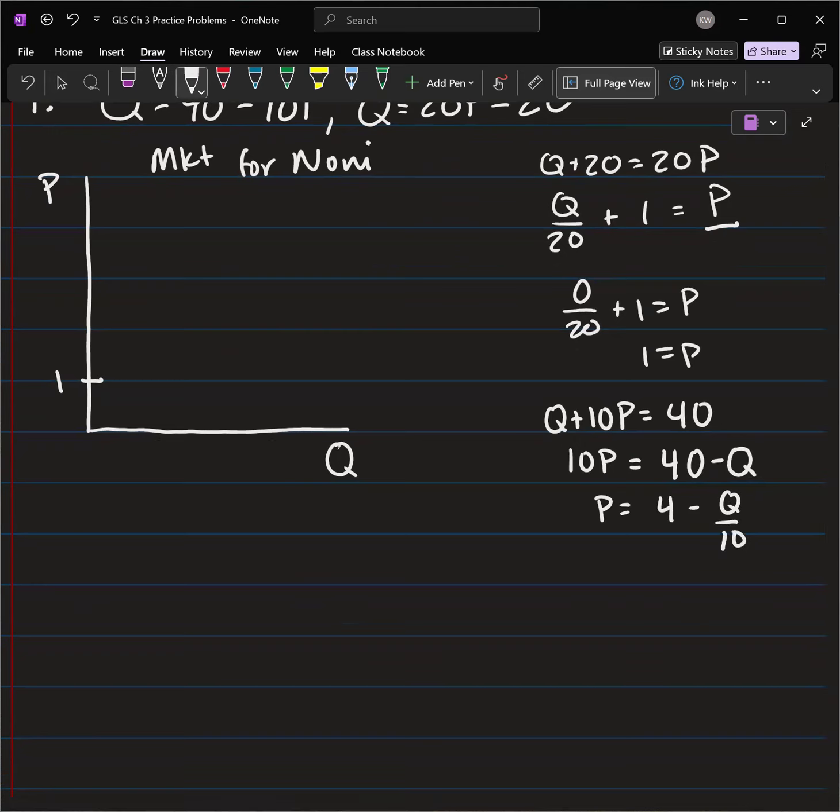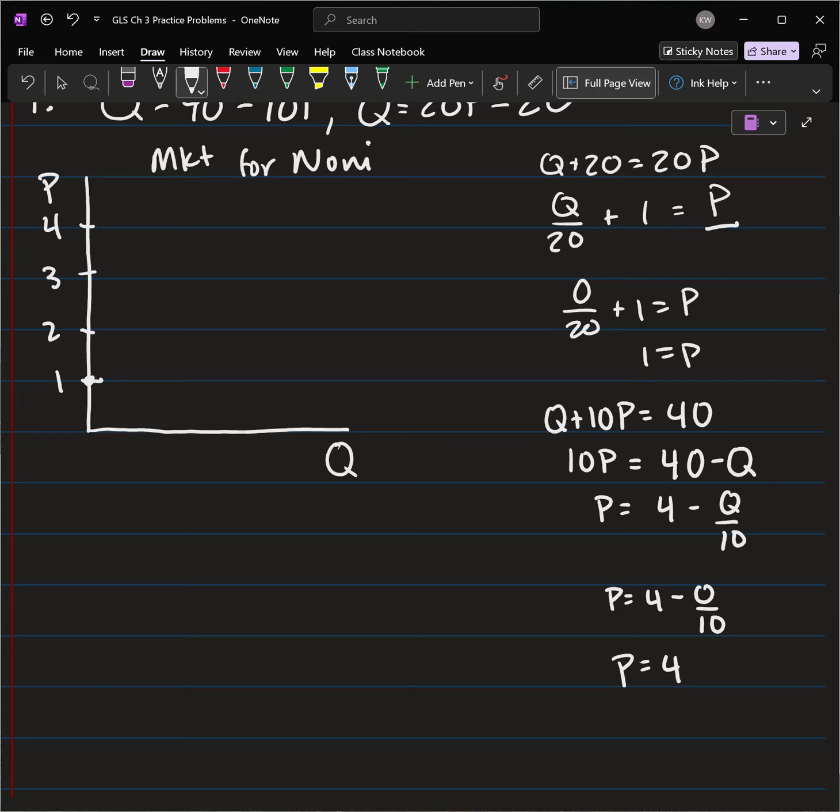Again, that demand choke price is the price that has quantity demanded equal to 0, right? The price at which consumers want to buy nothing. So we'll substitute 0 for quantity, and that's going to give us price equal to 4 minus 0 over 10. 0 over 10 goes to 0, so that choke price is going to be 4. So we can draw those in.